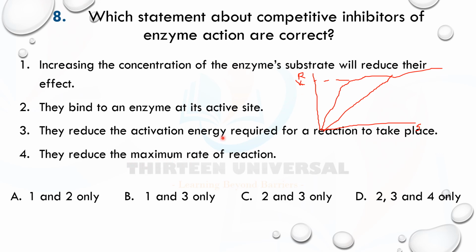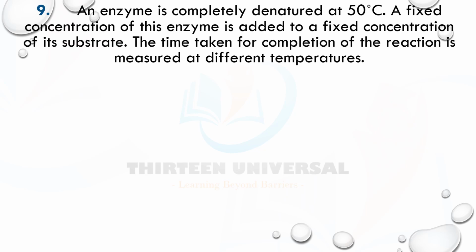So a competitive inhibitor does not reduce the maximum rate of reaction as long as we keep increasing substrate concentration. So four is wrong. What do you think is the answer? One and two are correct. So let's go to the next question.